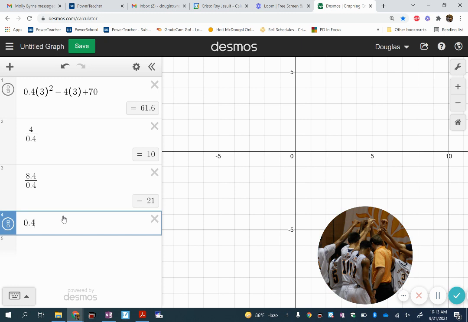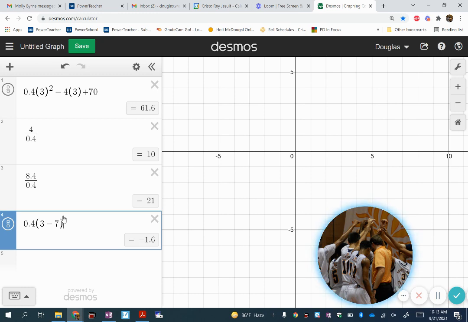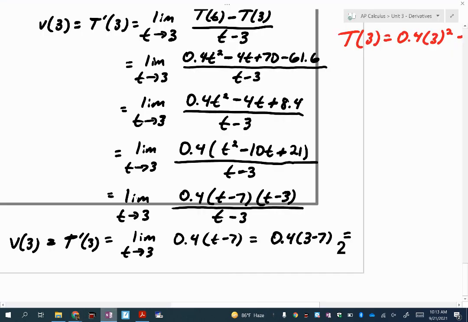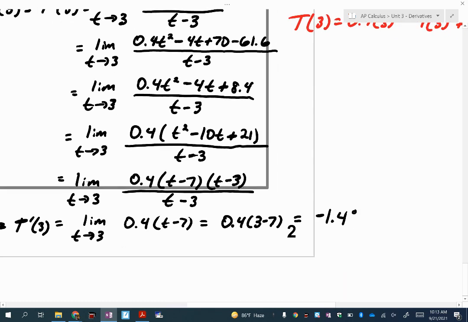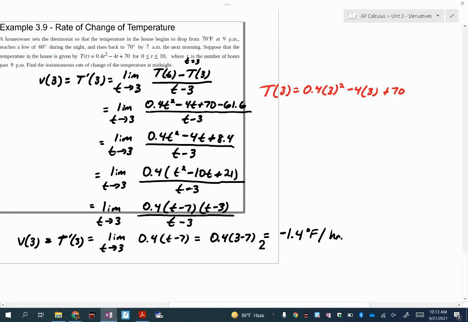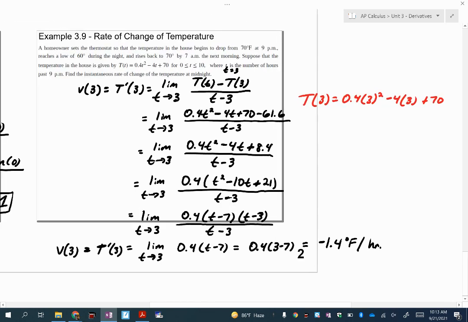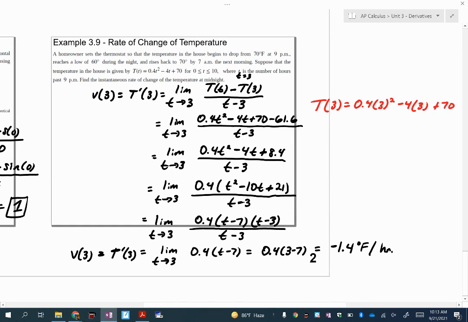So it's 0.4 times 3 minus 7, which is negative 1.6 degrees Fahrenheit per hour. I think that's the right unit. Yes. All right, so the instantaneous rate of change of the temperature exactly at midnight is negative 1.6 degrees Fahrenheit per hour. Wow, that was amazing for an application of derivatives.